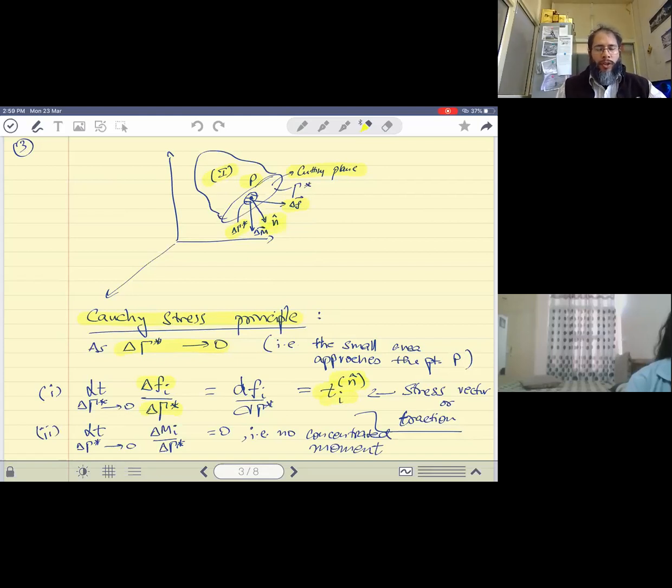So if we change our choice of cutting plane, then we get a different stress vector or different traction T.